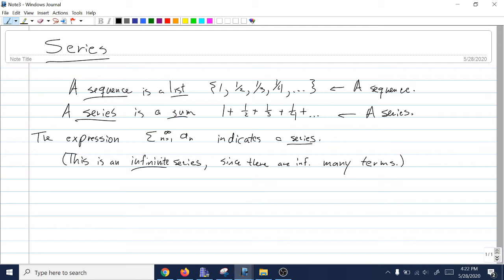Because if there's only finitely many, you think about that differently. There's a lot of questions about an infinite series. Are you actually able to add up infinitely many numbers? The things that are interesting about a series are generally only interesting if there are infinitely many terms. So when we have finitely many terms added, we'll probably just call that a sum, although the word series technically does apply there.